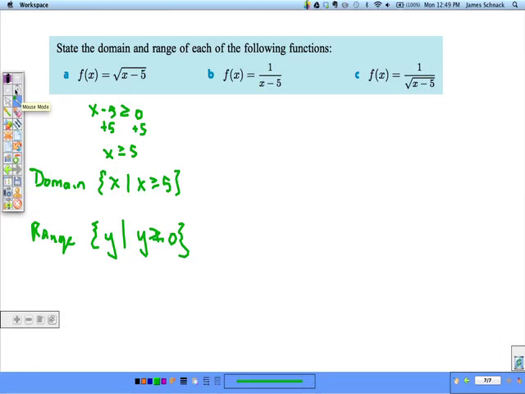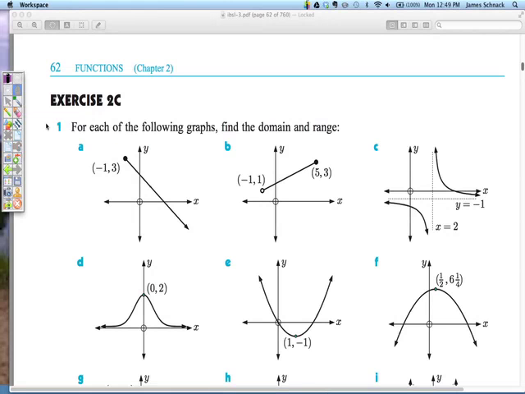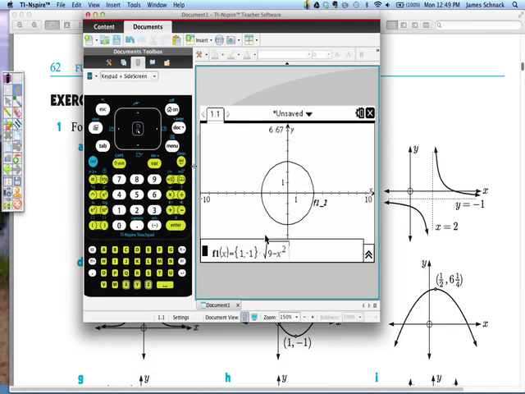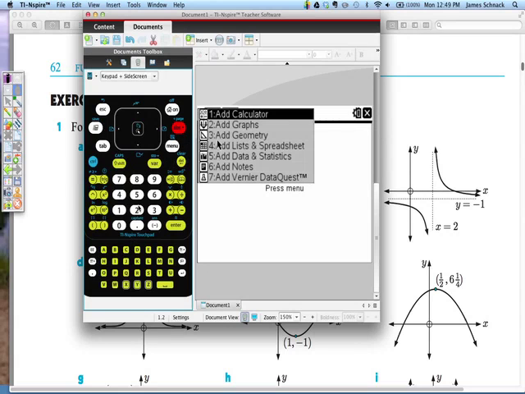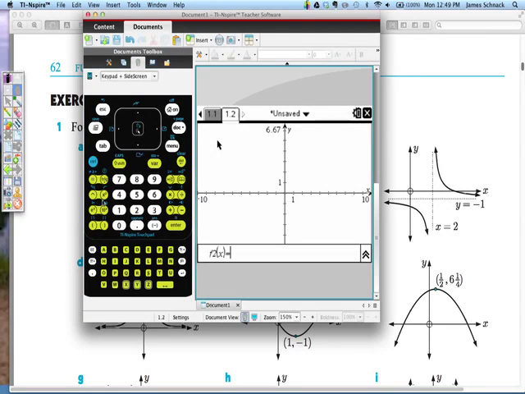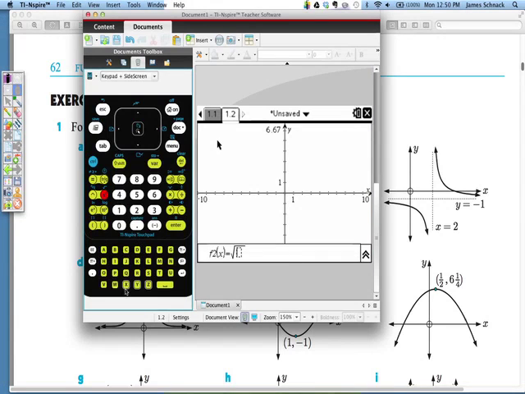Now, you might be thinking, yeah, that's good when you explain it, but I can't do that. I need a picture. Okay, well, let's go to our graph. What were we trying to graph? We were trying to look at the square root of x minus 5.